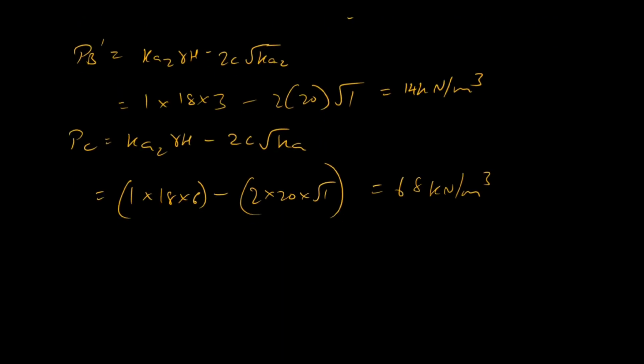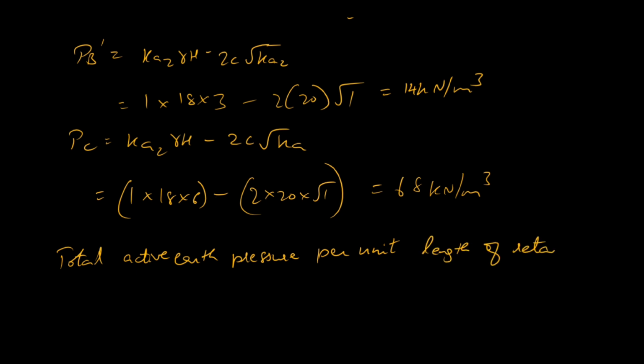So the total active earth pressure per unit length of the retaining wall, PA, is equal to the area of the top layer, half into base, which is 18.